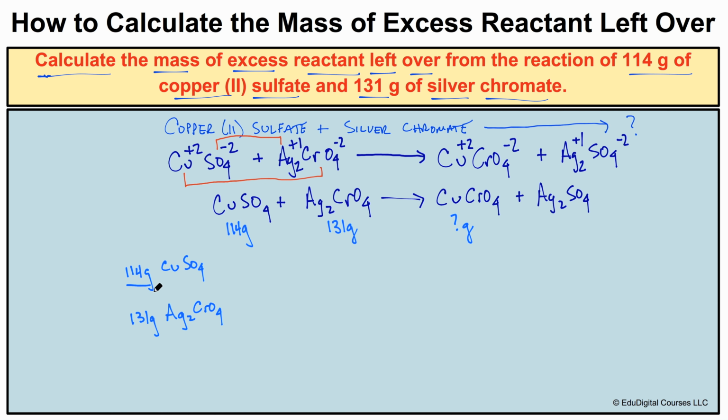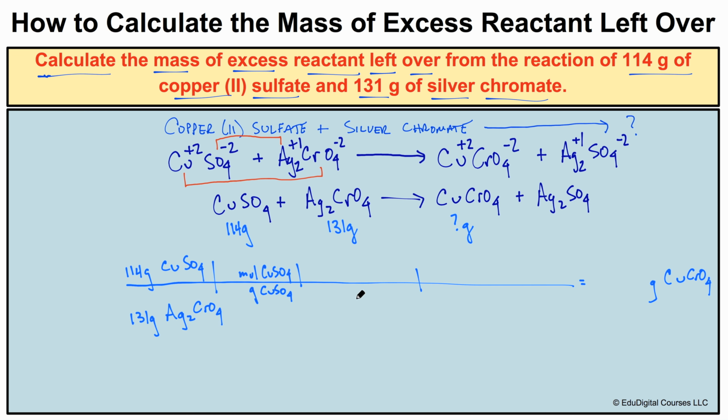So what we have to do now is use our stoichiometry to figure out the mass in grams of our copper 2 chromate. So the very first thing we're going to have to do here is cancel out grams of CuSO4 and figure out the number of moles of CuSO4.